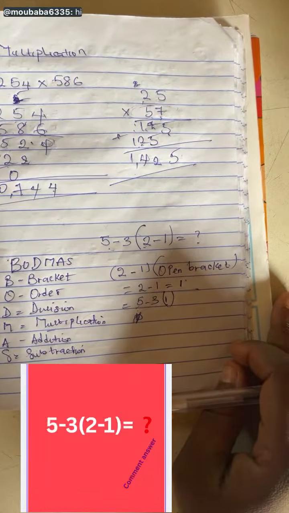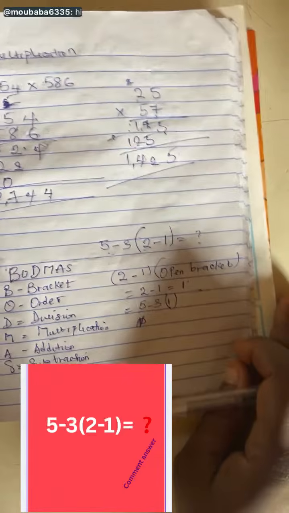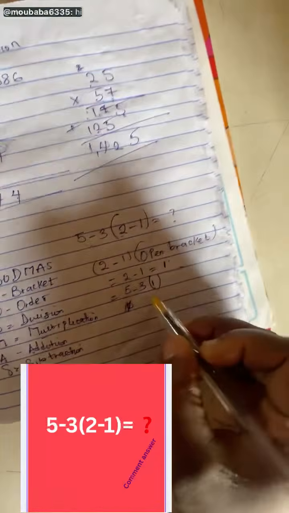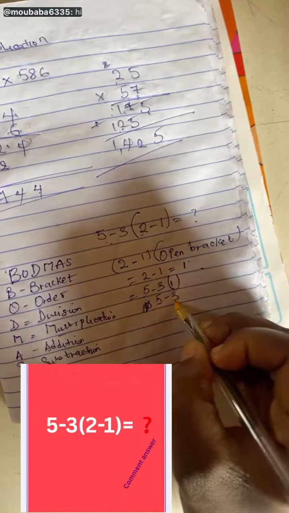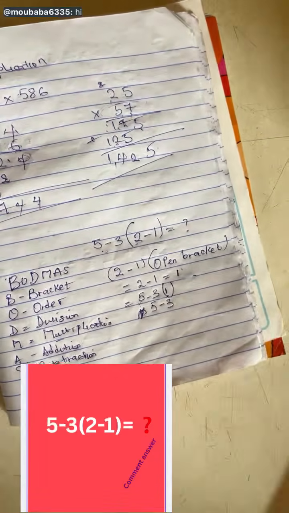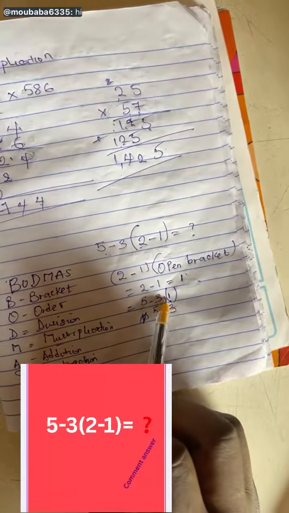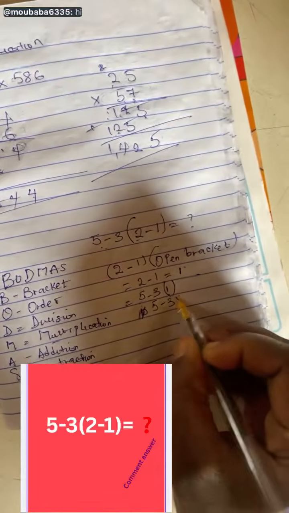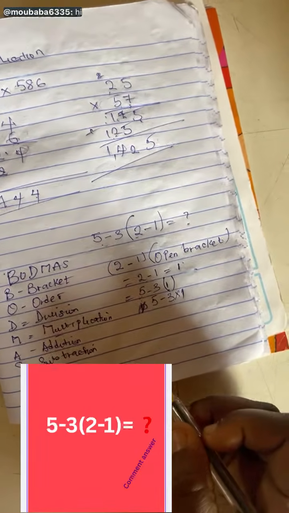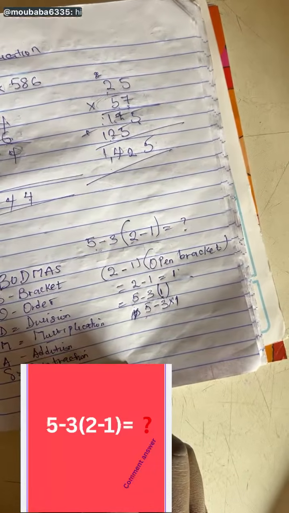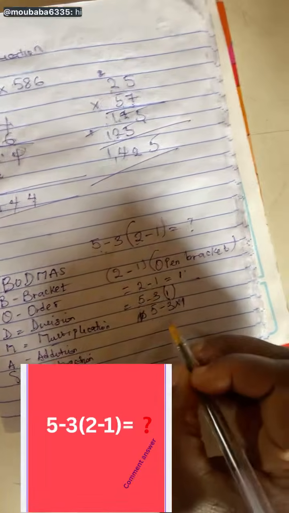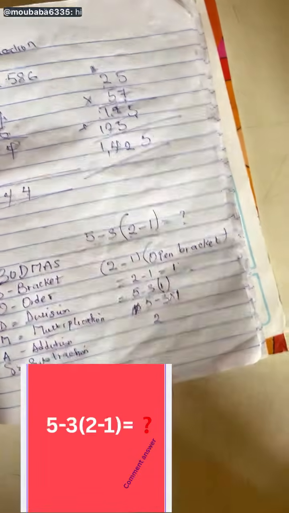We bring down this question here: 5 minus 3, times 1. So we'll start with 5 minus 3, which is 2. Okay?